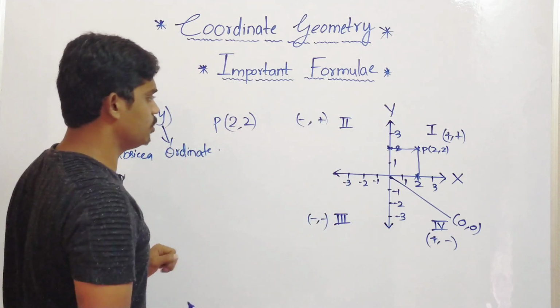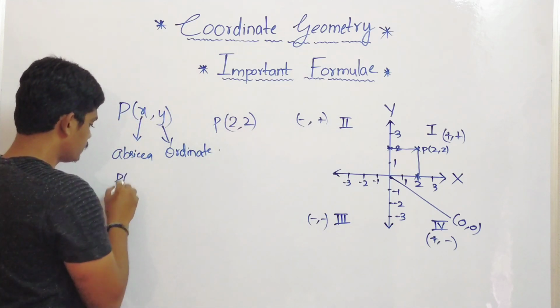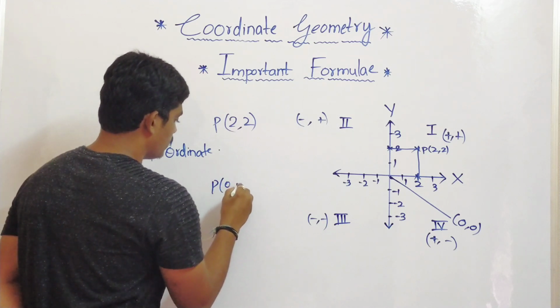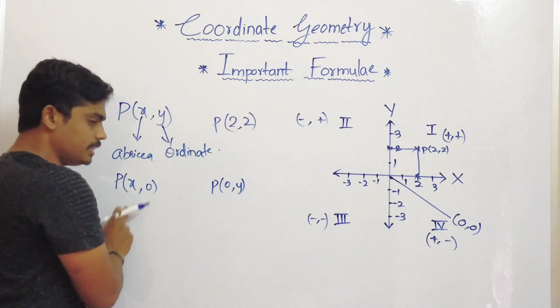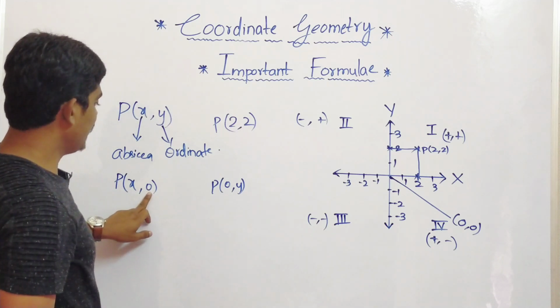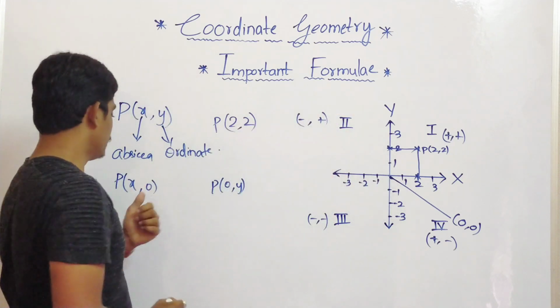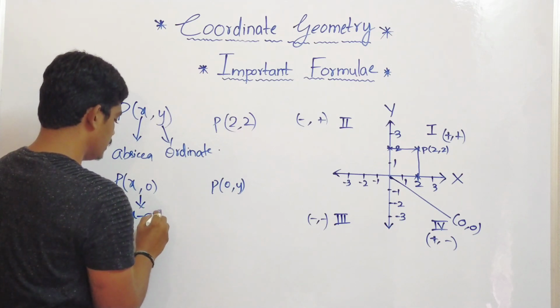Now let us understand about points on the axis. For example, P(x, 0), P(0, y). See, observe, in this point the x coordinate has a value and the y coordinate is 0. As the y coordinate is 0, there is no distance from the x-axis, which implies the point always lies on the x-axis.